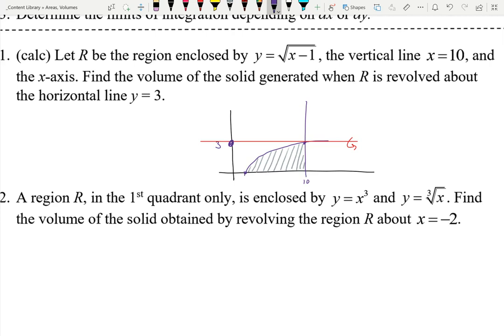So when I do a rotation about that, it's going to cause this lower area to flip and rotate around above that line. So in order to try to draw it, I'm going to attempt to mirror image that. So it's going to go something like this, and then the rotation is going to be like this.